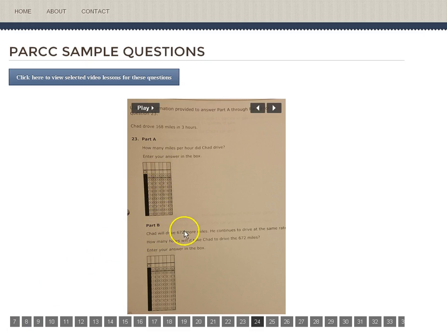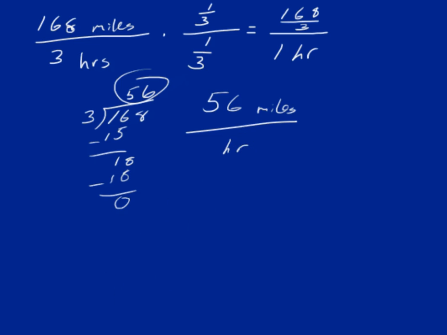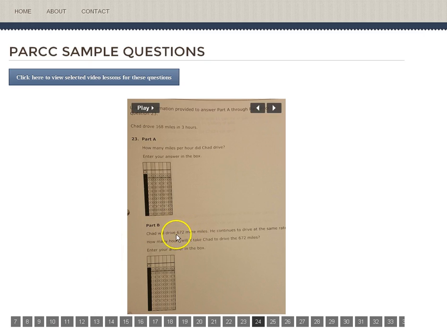Chad will drive 672 miles. He continues to drive at the same rate. How many hours will it take Chad to drive 672 miles? So the rate, when they say the same rate, that's that 56 miles per hour. So now he wants to know, if you're going 672 miles at 56 miles per hour, how long is it going to take you?